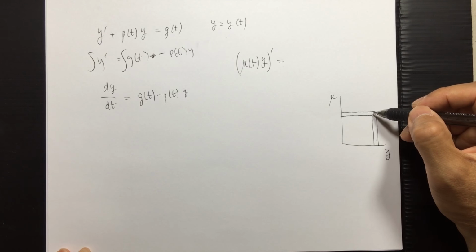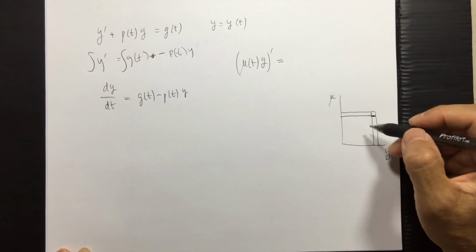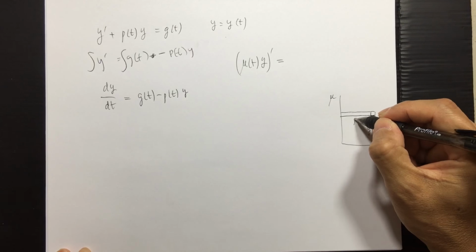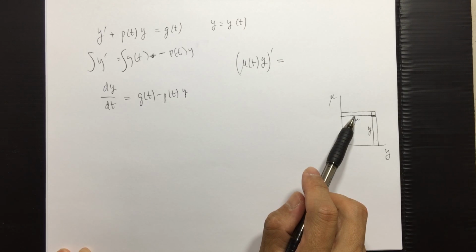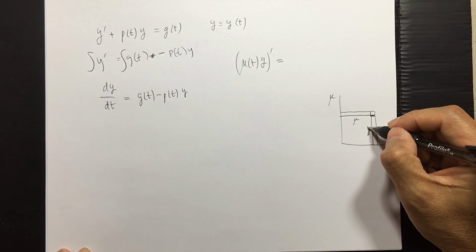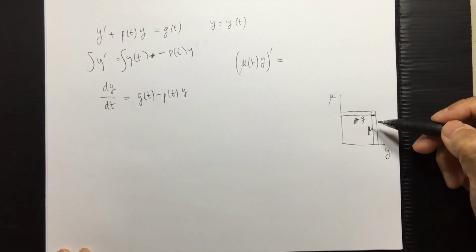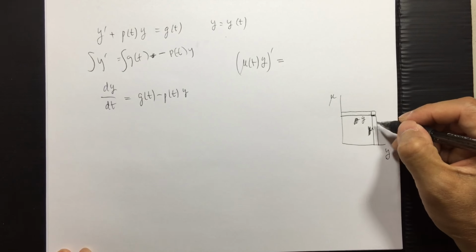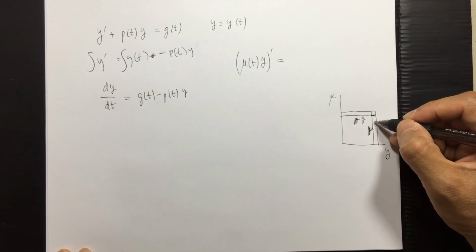So now, you see this? This is y, this is mu. Sorry, this is the y. This height is mu. It's mu multiplied by dy.